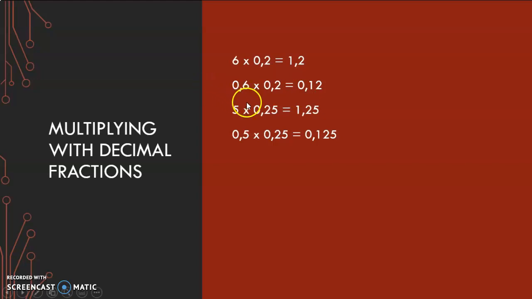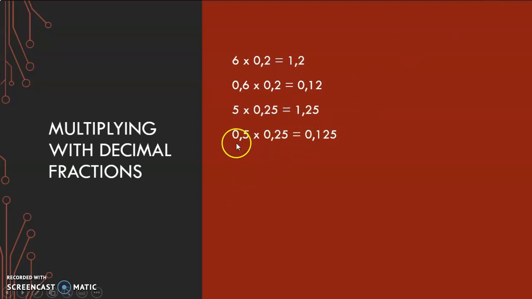5 times 0,25, there's 2 digits after the comma, there's none, so my answer still needs to have 2 digits. Take away the comma. 5 times 25 is 125. How many digits after the comma? 2. So I put my comma back and it will give me 1,25.